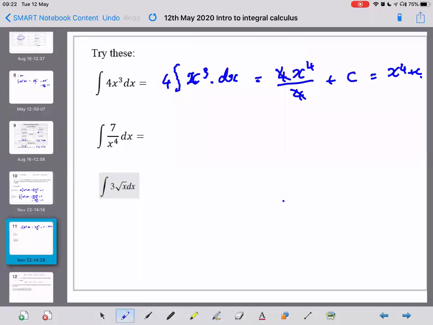And then the second one, I did 4 over 7. Or is it the other way around? What you've got to do here is write this so the 7 can come outside, because this is like 7 times 1 over x to the 4. So you can bring the 7 outside, put the integral, and then how do we write x to the 4 so we can integrate it?